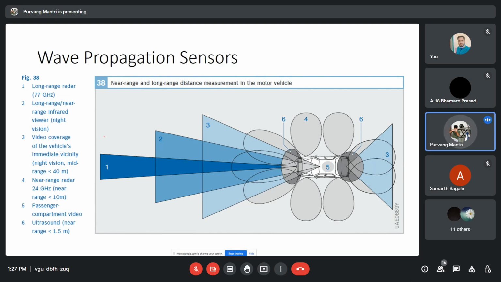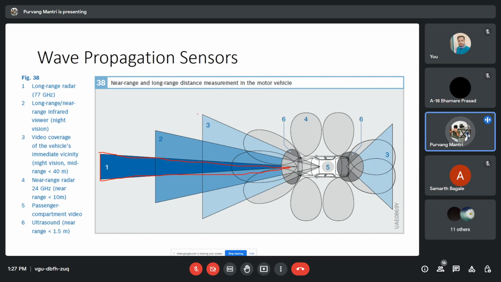For long range, we use LiDAR. This showcases a radar sensor, which is a long range sensor. The frequency of those radar signals is 77 gigahertz. Then we have near range infrared signals, which allow for night vision.